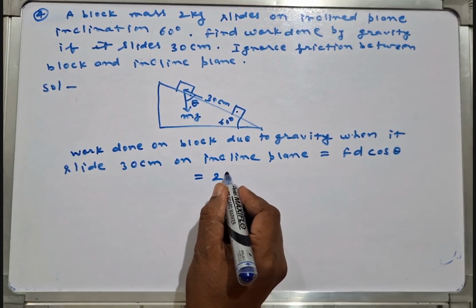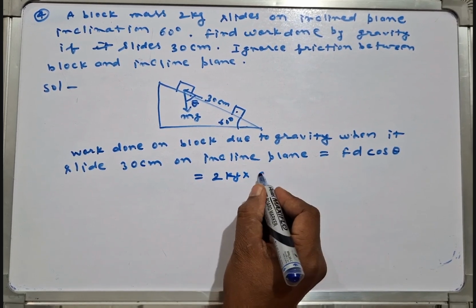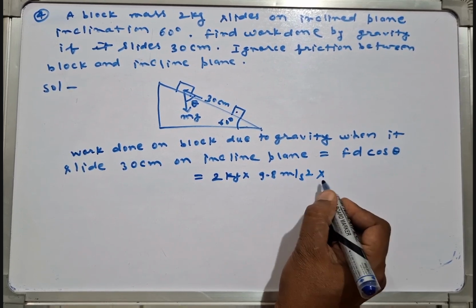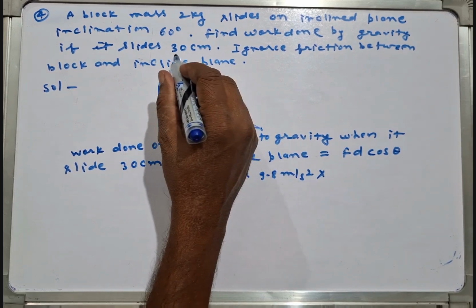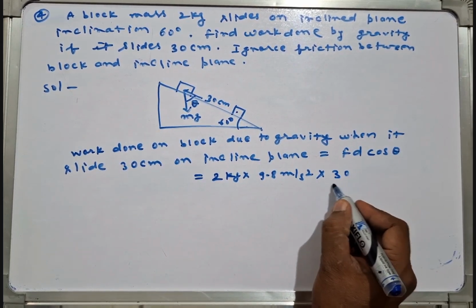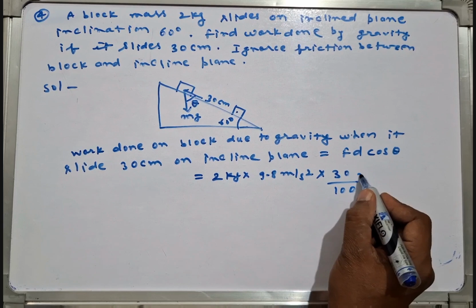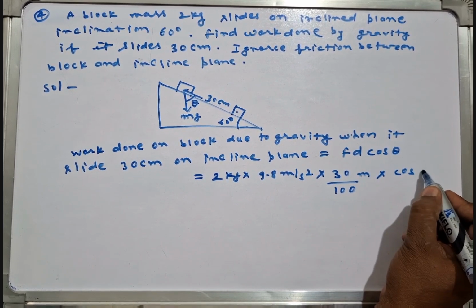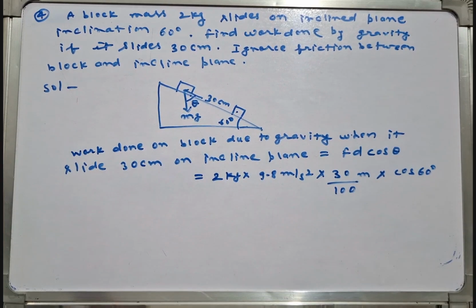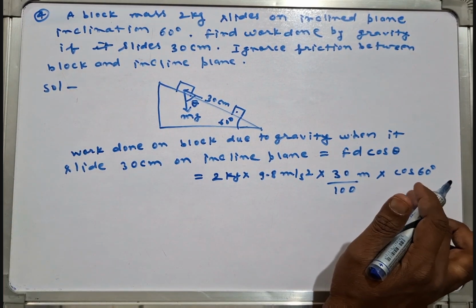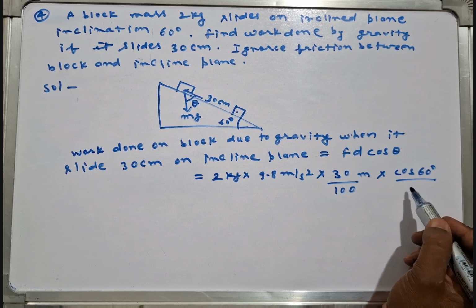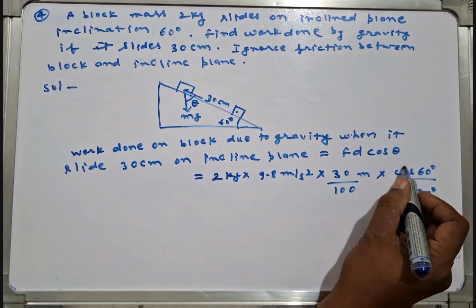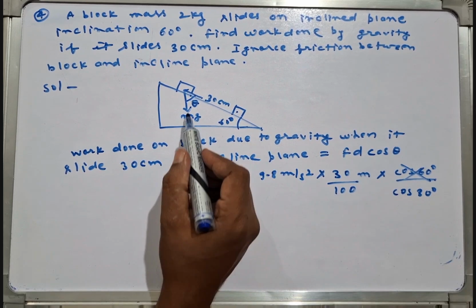M is 2 kg, and g 9.8 meter per second square, and displacement is given in centimeter, so this is in meter now, and here cos theta, cos 60°. Okay, is it correct, 60°? No, this is cos 30°. So this will not be 60. Why?